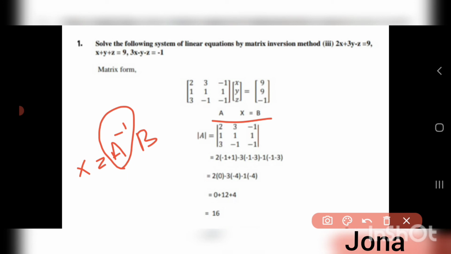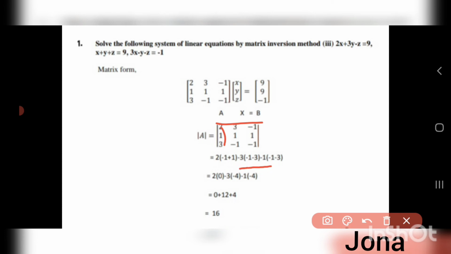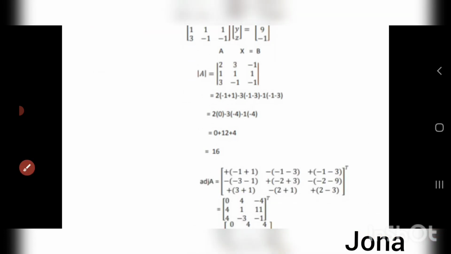For this A inverse, I need determinant A. So determinant A equal to, expanding by the first row, 2 into minus 1 plus 1, then minus 3 into minus 1 minus 3, and then again minus 1 into minus 1 minus 3. If you simplify this, we have 16 as the determinant value here.